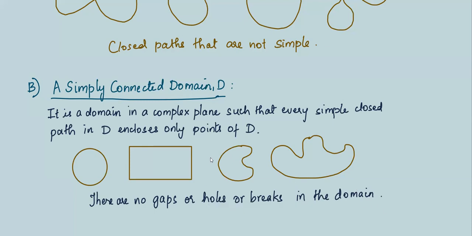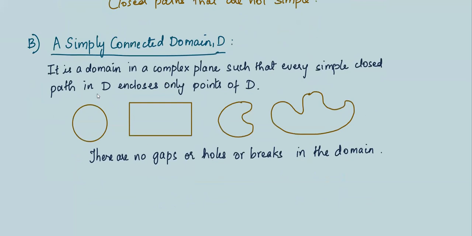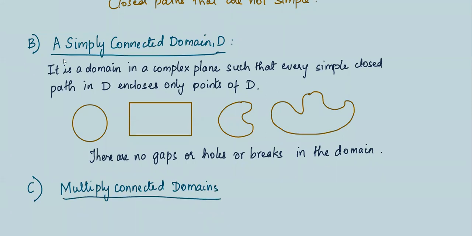Now, a domain which is not simply connected is called a multiply connected domain. This is a domain which is not simply connected.